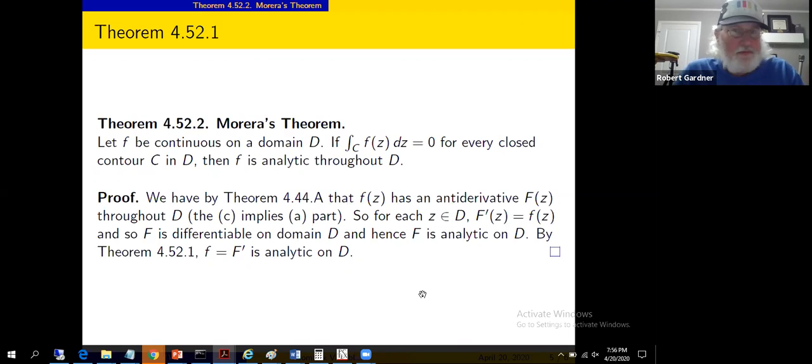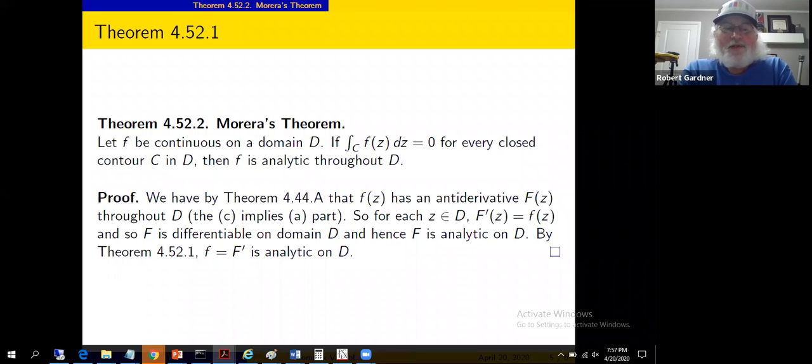And remember, we're taking this with the knowledge that analytic means infinitely differentiable, derivatives of all orders. Okay, so capital F prime of z equals f of z shows us that f itself is a differentiable function, that equality holding throughout domain D. So f itself is an analytic function.